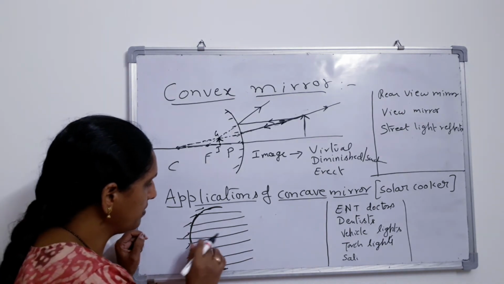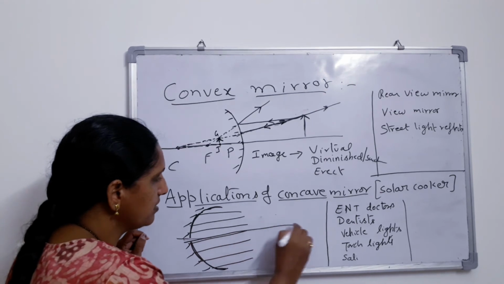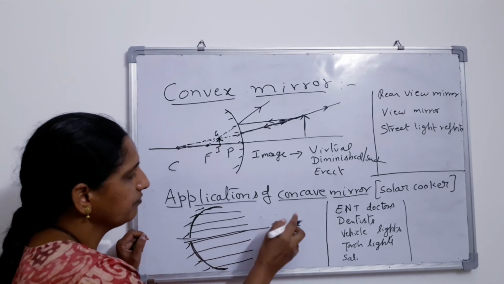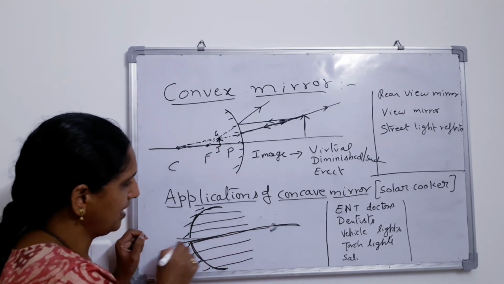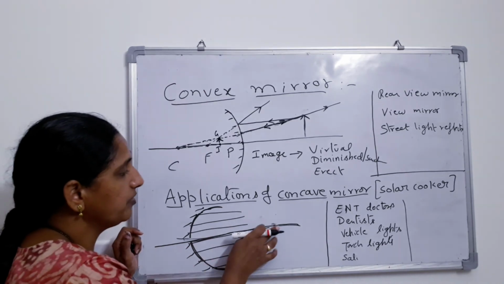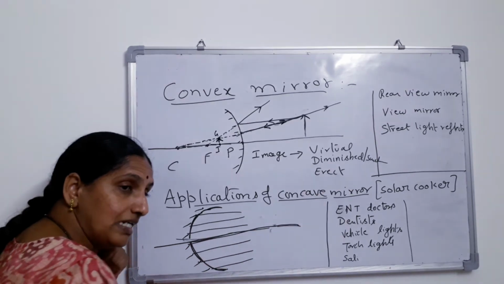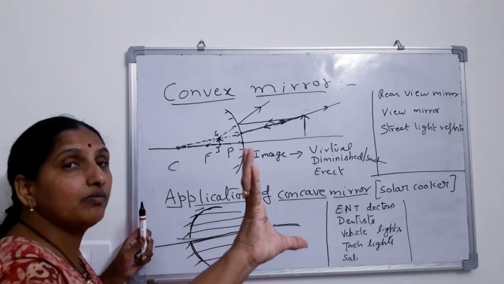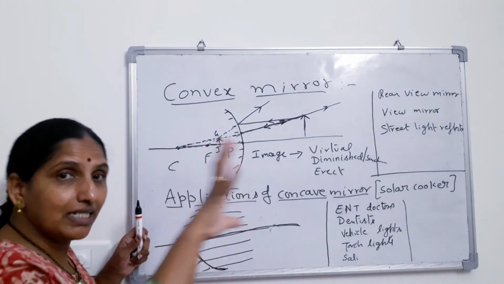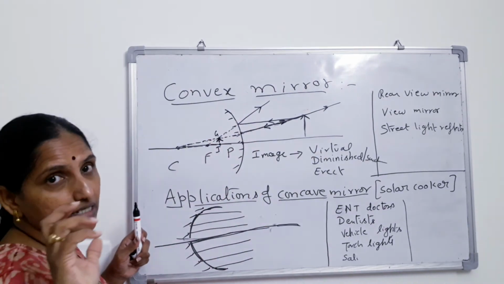Let me draw one principal axis here, for your understanding. The rays from the sun are parallel to the principal axis, so it will be mounted in that direction, where it can capture the sun rays.